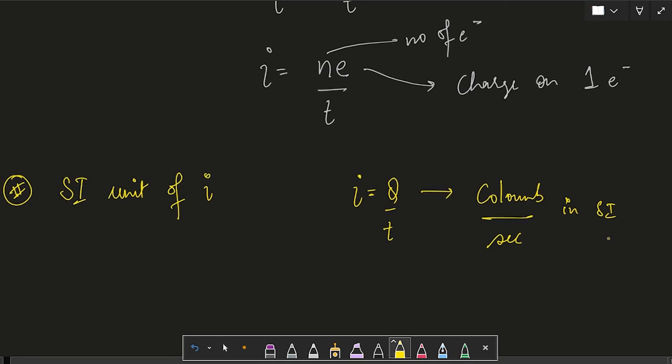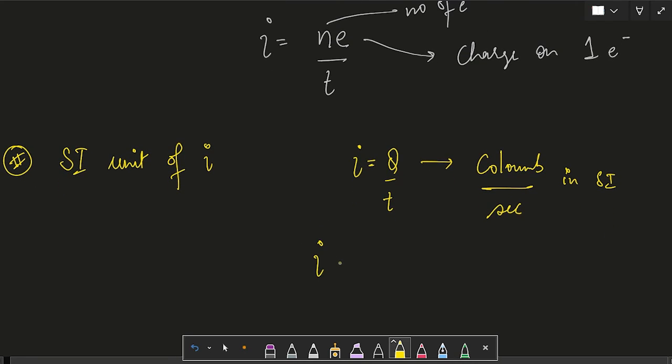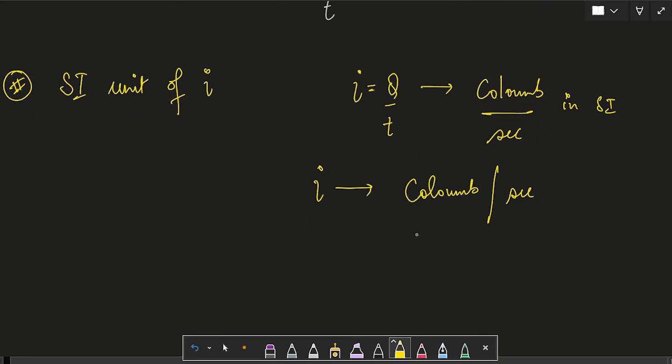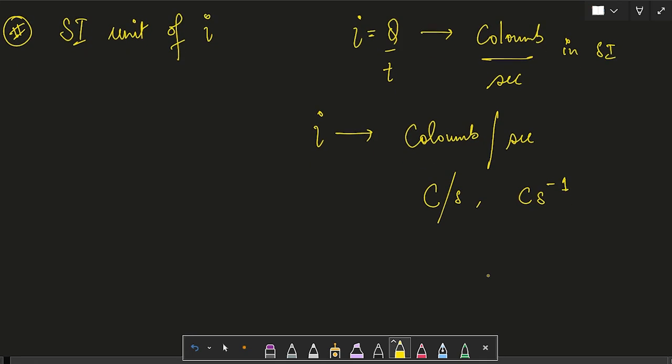So current can be written as coulomb per second, or this can also be written as C by S, or C S minus 1. Both these forms must be familiar to you. This is called the exponential form, and this is called the fraction form.